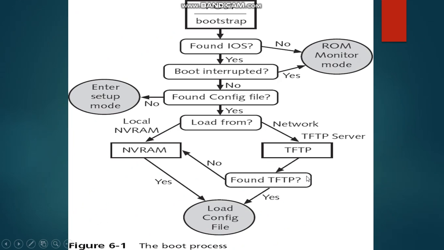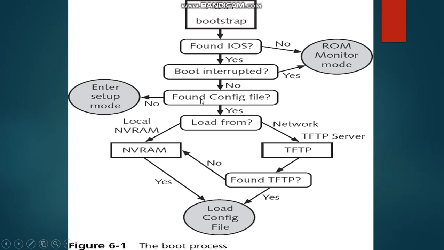Here is the most important image you can see. First step is our POST. If our operating system is found, then it will go through boot. If it isn't found, then no, ROM monitor mode will be on, like if boot is interrupted, then yes.